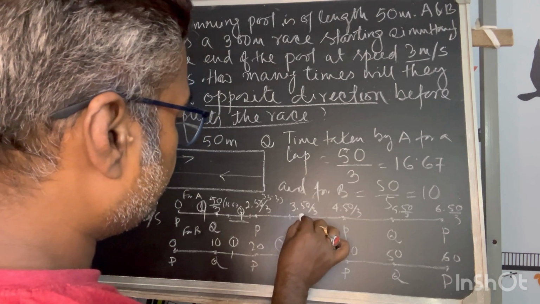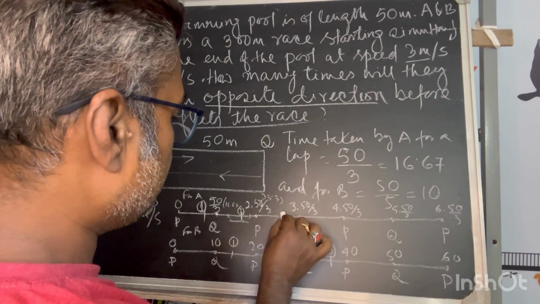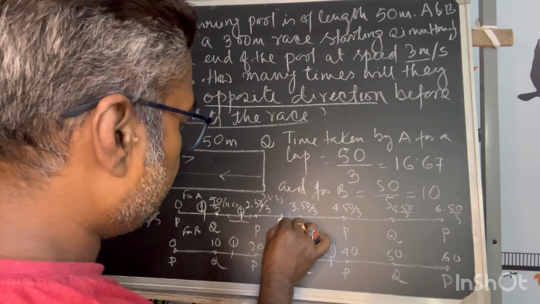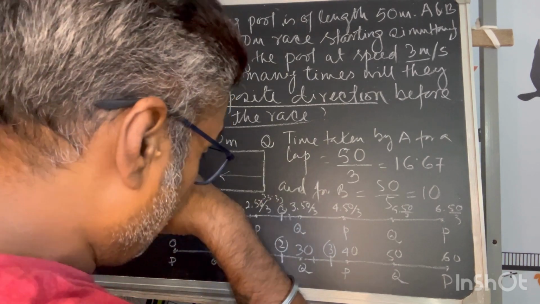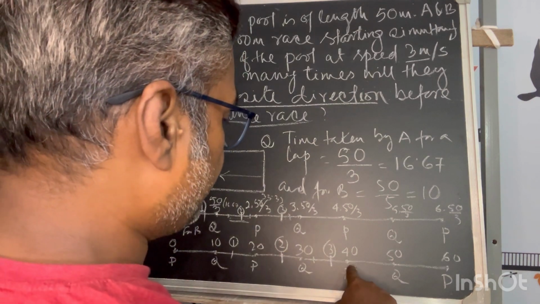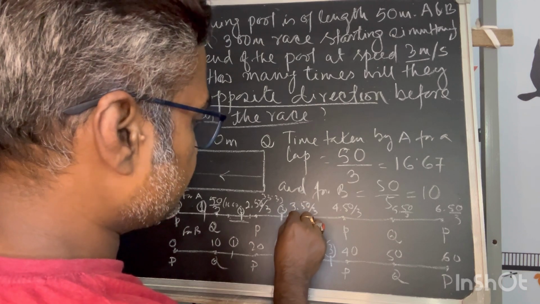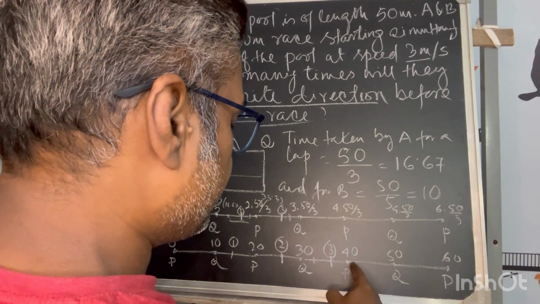Okay, in between, because this is less than 50, but it will be Q to P and P to Q. So there is a chance of meet in between somewhere, this is third meet. Possible.